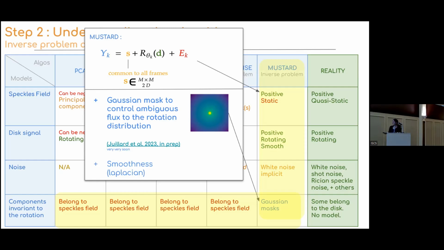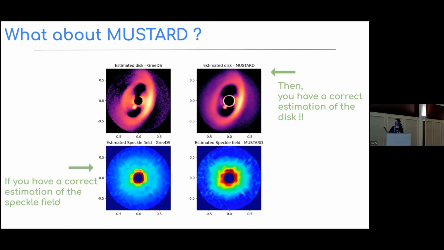To show you what it's doing in practice, here is the iterative PCA. What you can see in the speckle field estimate is a kind of circle of light. This is flux invariant to the rotation that has been assigned to the speckle field.